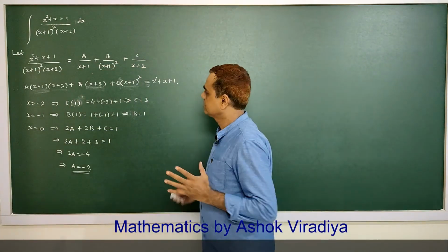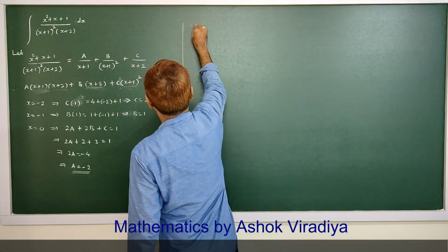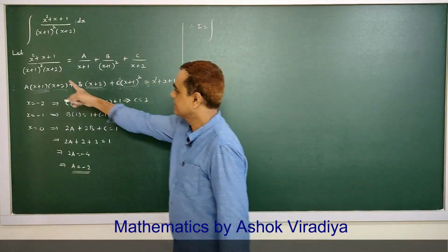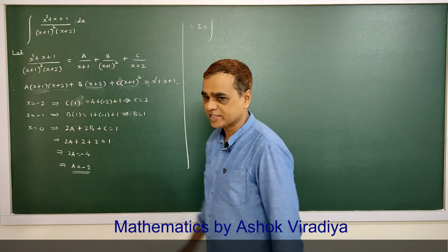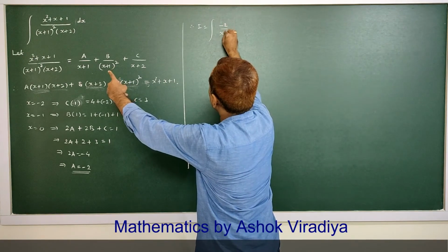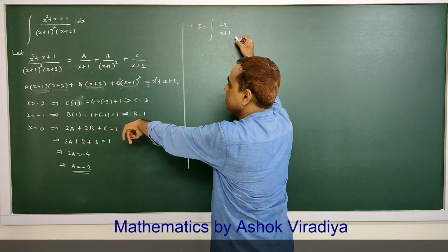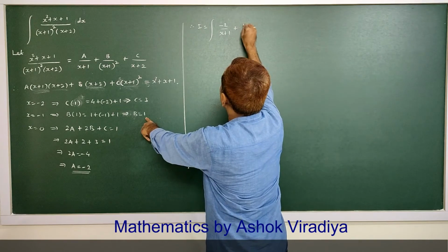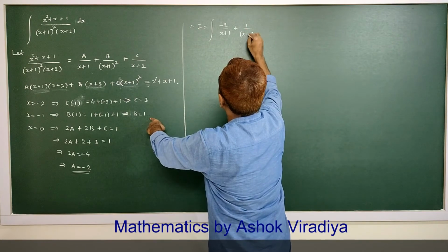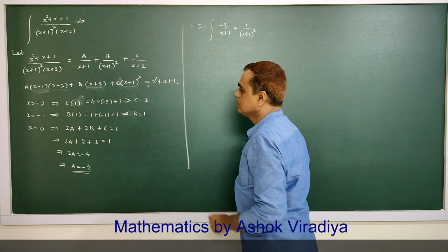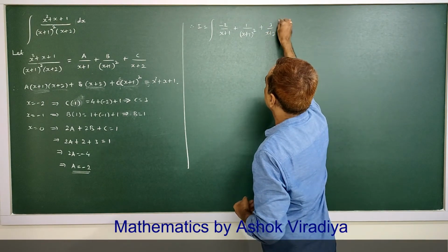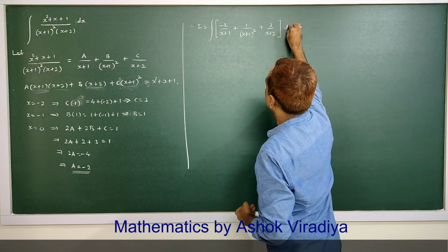So integral is, therefore, replacing this given expression by this new expression with values of a, b, c. Integral of a is minus 2 by x plus 1, plus b is 1 by x plus 1 whole square, plus c is 3 by x plus 2 dx.